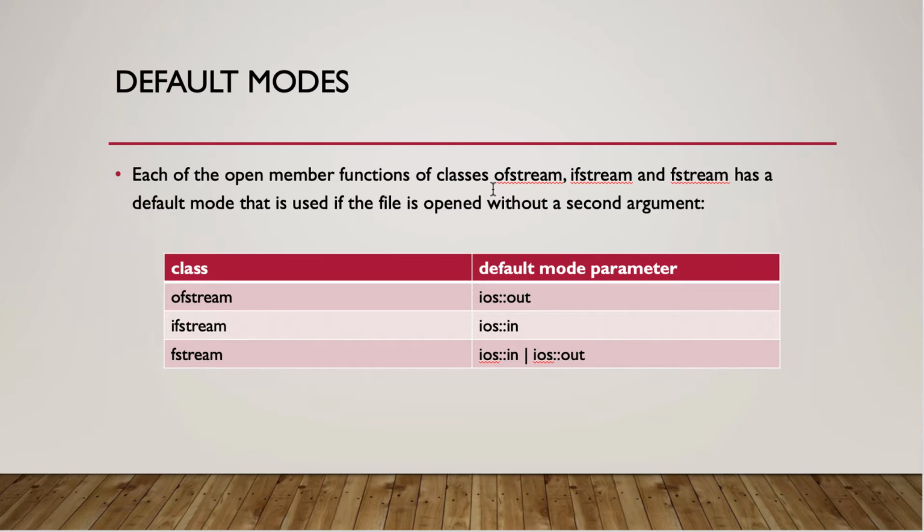Non-binary files are known as text files, and some translations may occur due to the formatting of some special characters like new line and carriage return, \n, and all those characters.